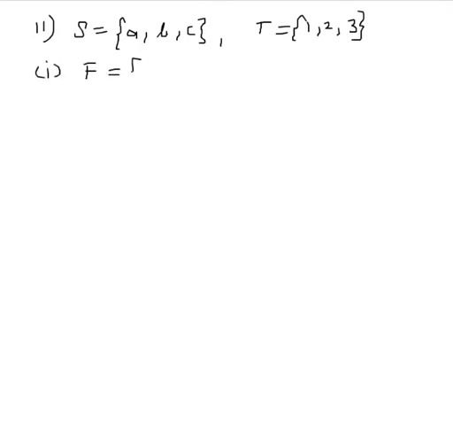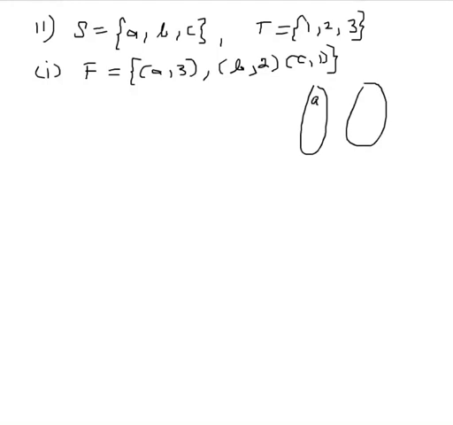F is given in roster form as A3, B2 and C1. This is a 1-1 and onto function. See, this is set S, set T, A, B, C and 1, 2, 3. A is connected to 3, B is connected to 2, C is connected to 1. So F is 1-1 and onto.